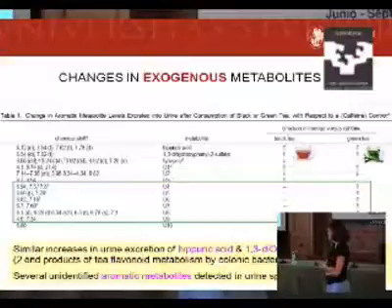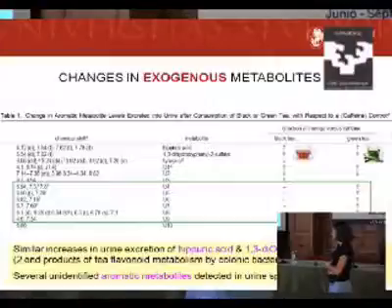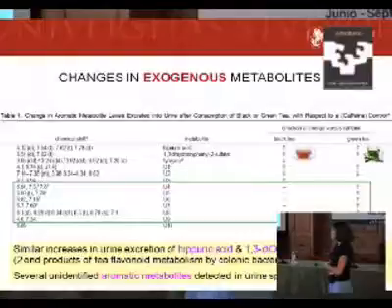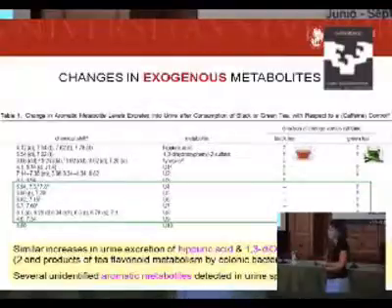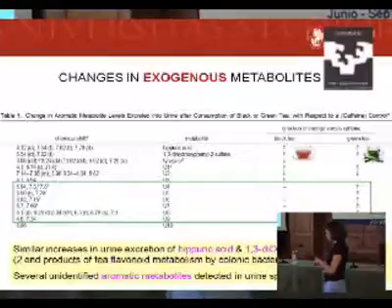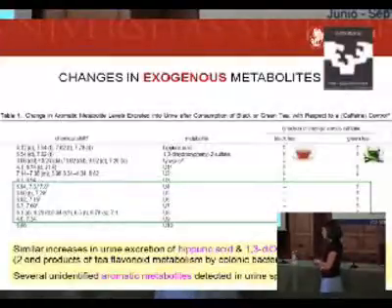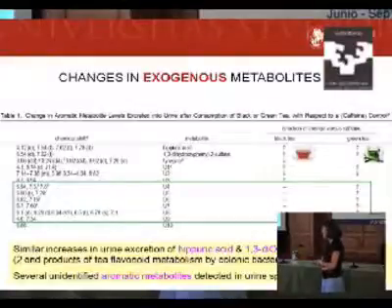And also there were like 5 aromatic metabolites that were detected in urine, but specifically after the intake of green tea, but not after the intake of black tea. So these biomarkers could be used as intake biomarkers of green tea. But this paper is from 2006, and at that moment, they were not able to identify these metabolites.